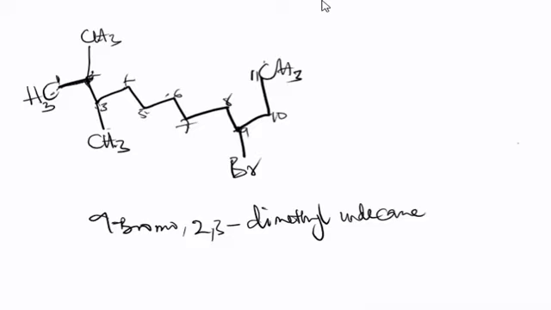So this is the correct name for this compound. So I'll have 9-bromo, 2,3-dimethyl undecane.